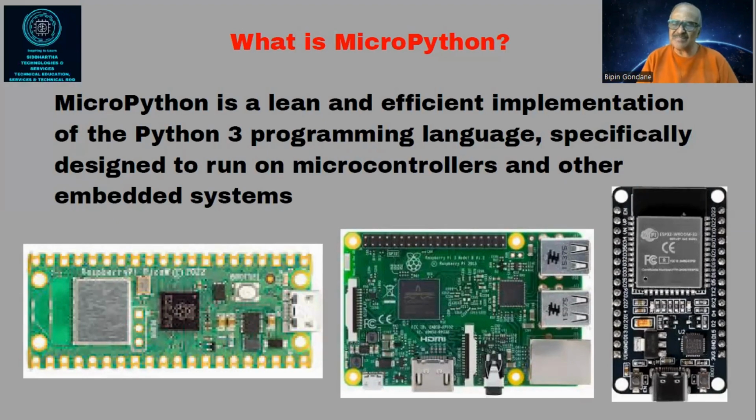After that, Raspberry Pi came with the Pico board, on the left-hand side corner. And of course, the very popular ESP32 board. All these three boards we can program with MicroPython, because they are embedded boards and they have a microcontroller.